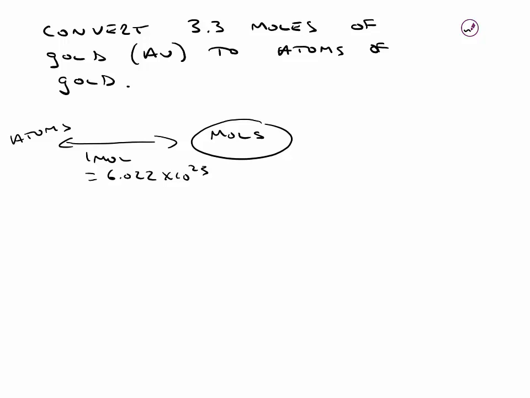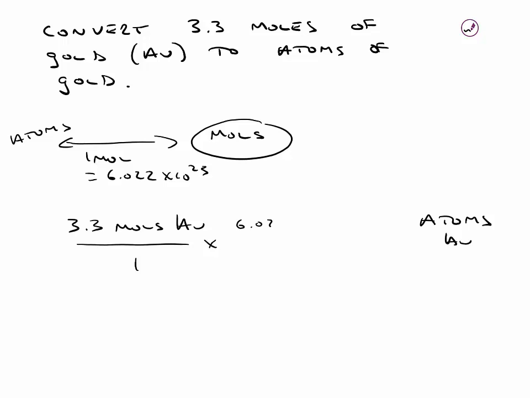So they're giving us that we have 3.3 moles of the gold, and we want to solve for atoms of gold. So I'm going to use the conversion factor from the previous slide to cancel out moles and solve for atoms of gold.